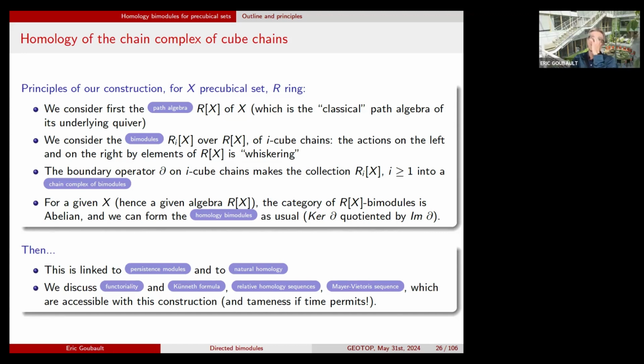Yes, so that's a good question. I would like to have some fixed point theorems with this homology. For now, I don't have any, but for sure we would like to have some sort of index notion.